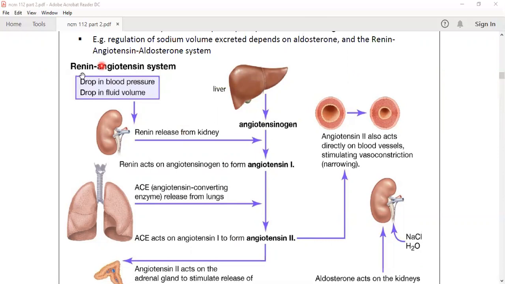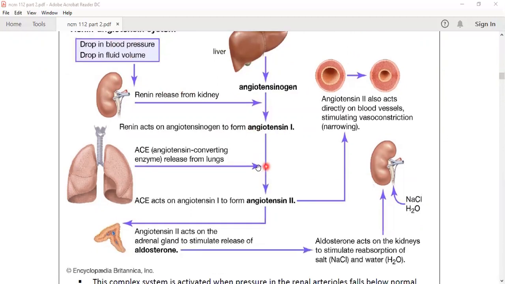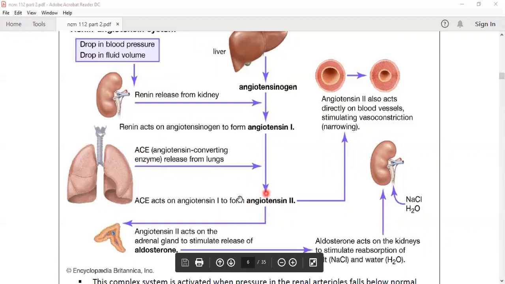Let's start. Drop in BP, low circulating blood volume, kidney releases renin. Renin converts angiotensinogen from your liver to angiotensin 1. Angiotensin 1 waits for your lungs to produce your ACE, angiotensin converting enzyme, so that it could be converted to your angiotensin 2. Now, after angiotensin 2, it exerts two effects.